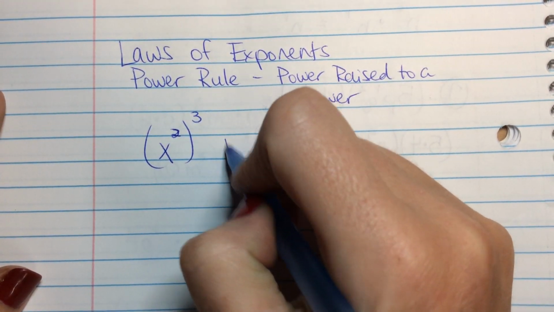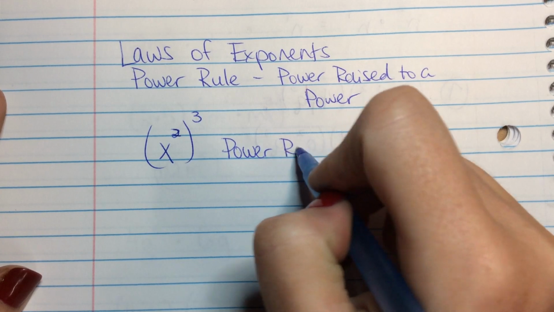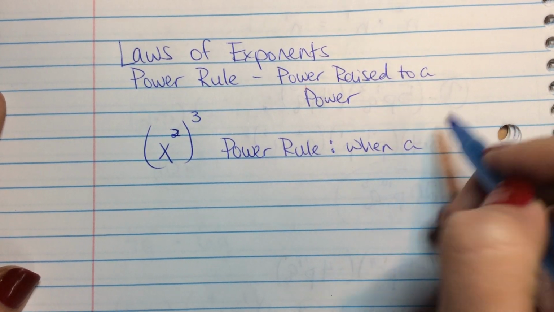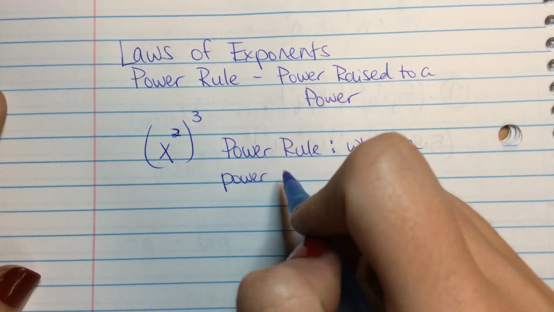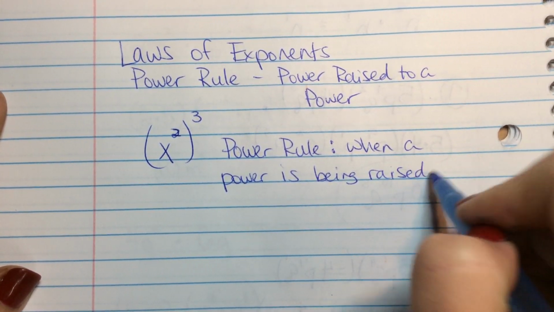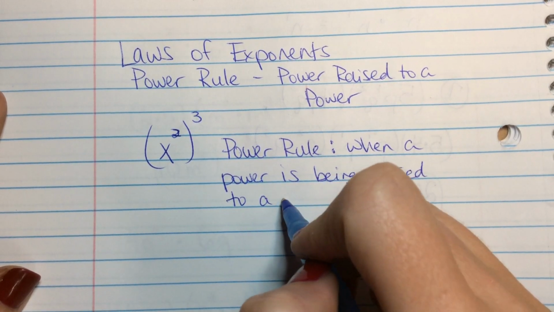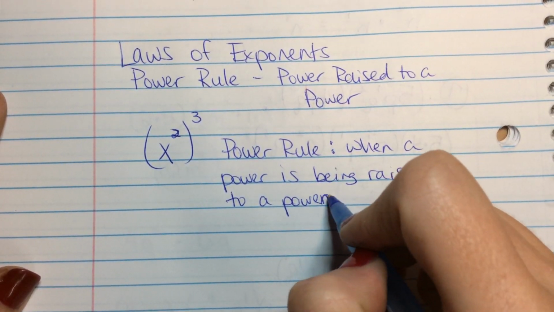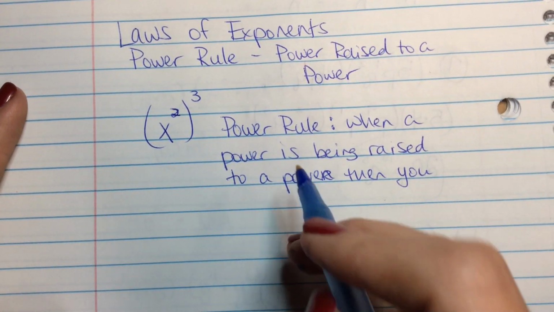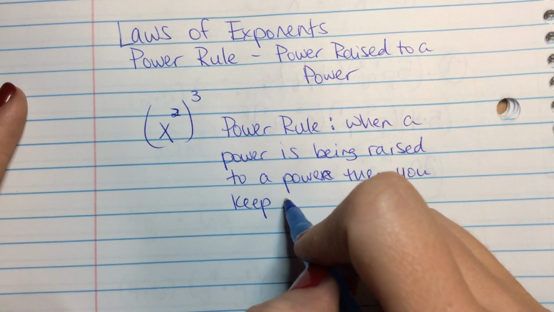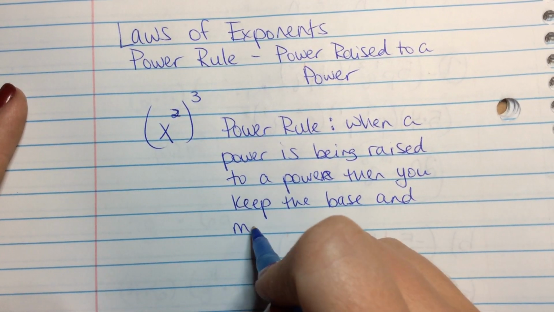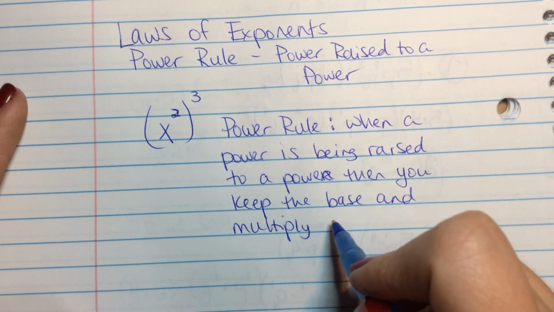And the rule says, when a power is being raised to a power, then you keep the base and multiply the exponents.